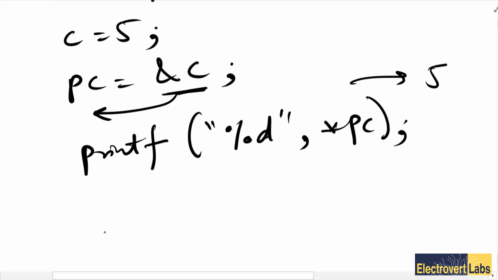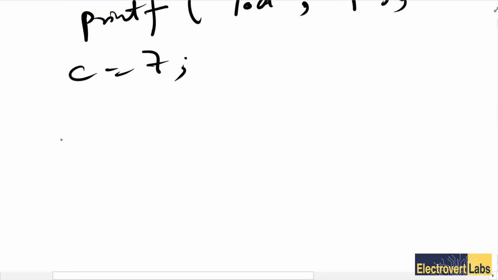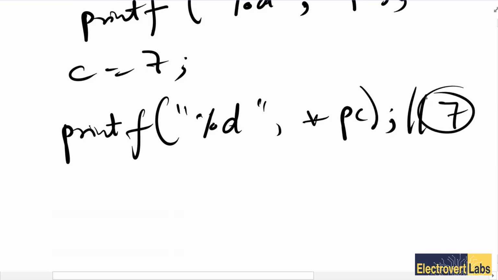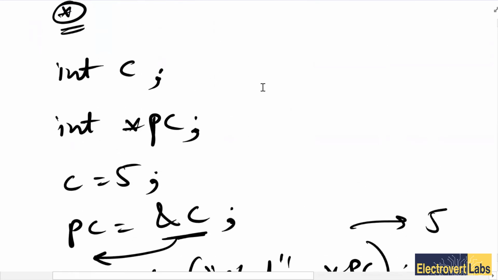Now see, if I change the value of c, for example if I make c 7, and I again try to print %d star pc, this will now print 7. Because pc doesn't have a value of its own, it only refers to the address of c. So whatever lives at the address of c will be printed. If you change the value at that address, the value of star pc will also change. I hope it is clear. It's just that much.